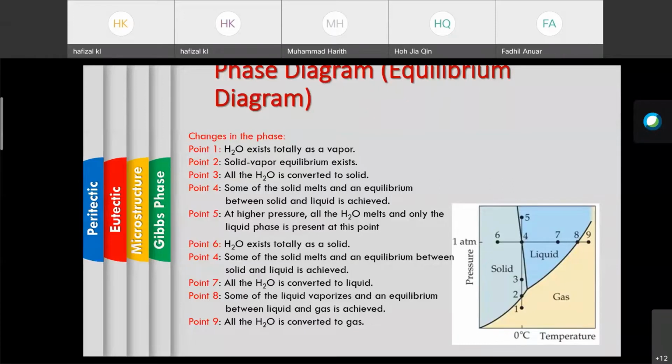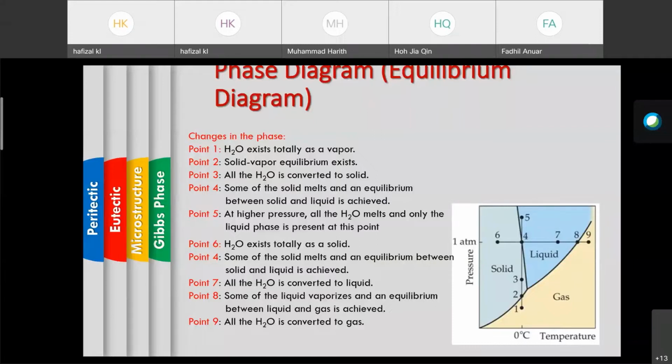Along the way, a phase transformation takes place. If we see the vertical line starting from point number 1 until point number 5, there is a phase transformation starting from gas, vapor, then transforming to solid, and finally to liquid at point number 5.